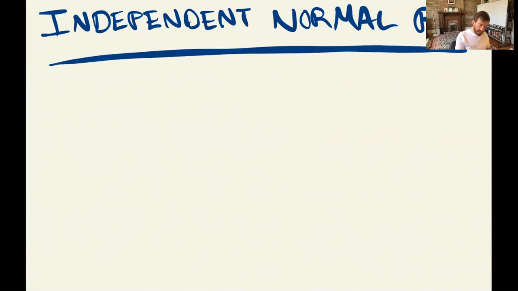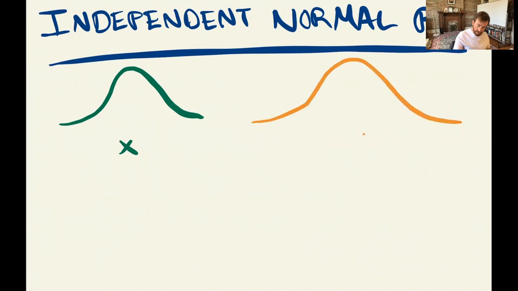So what this means is that I've got X distributed according to this, and then I look at Y, and it's distributed maybe with a different kind of variance.